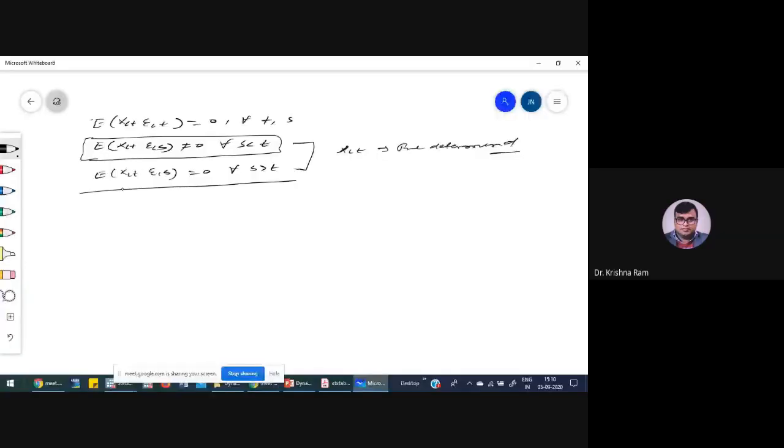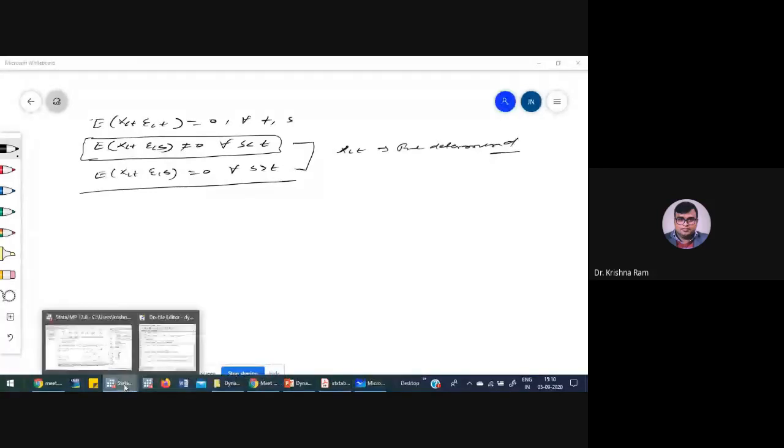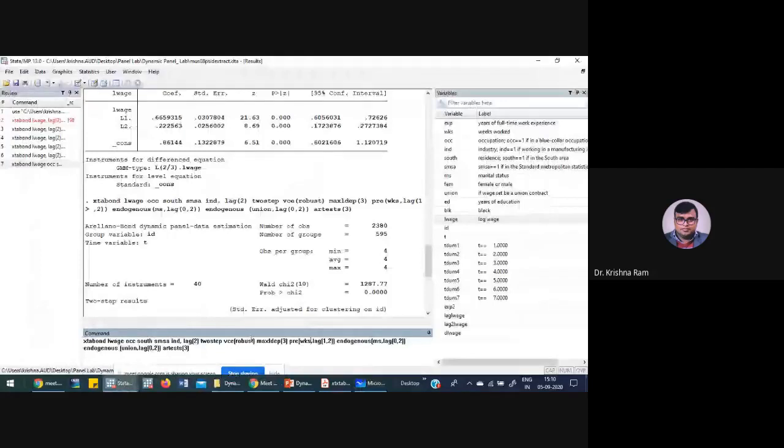So for that, if you have a look on the variable, which one is the weak work variable?